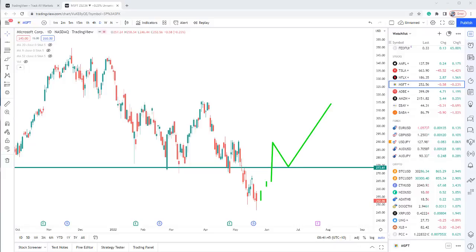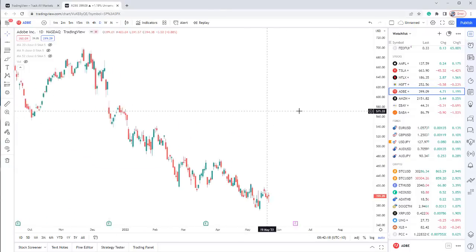But remember, traders, if we do get a move up like this after a move down, like this week across a lot of the markets, then that's all it is. What we need is a significant higher low for the meat and potato move to come.